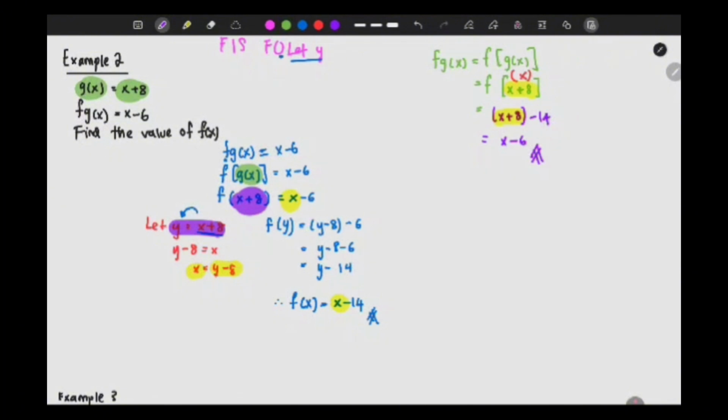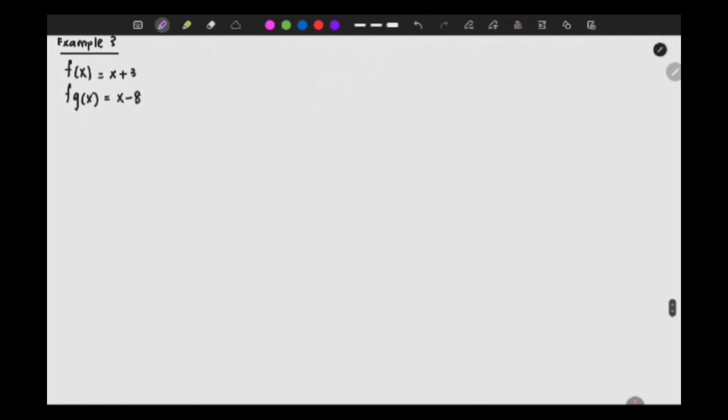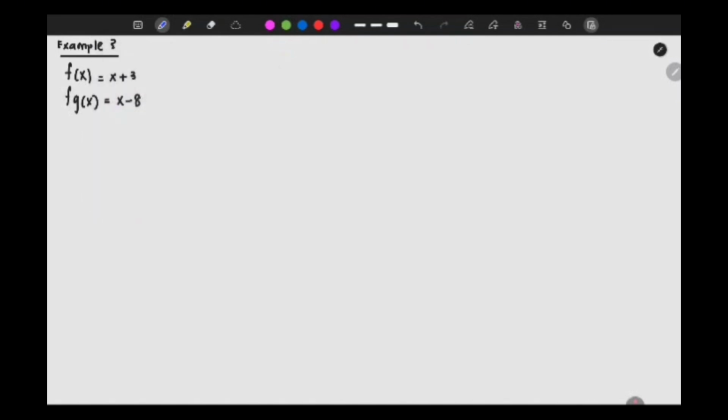1, 2, 3. Let's go. So first thing, let me write down the, wait, let me use blue. Phase form. Function inside substitute, function outside let y. So this time they give us f(x) and fg(x), and I'm sure they asked us to find the g(x).